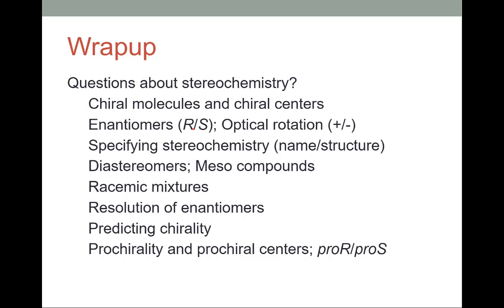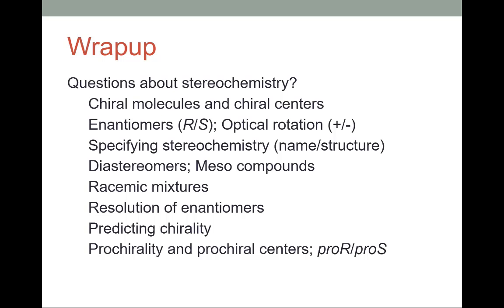We use that R and S notation at each stereocenter versus optical rotation that's experimentally determined with plus or minus based on the overall light rotation of the molecule. We talked about how we can name stereoisomers based on their names, how we can draw structures from names and calculate names from structures.